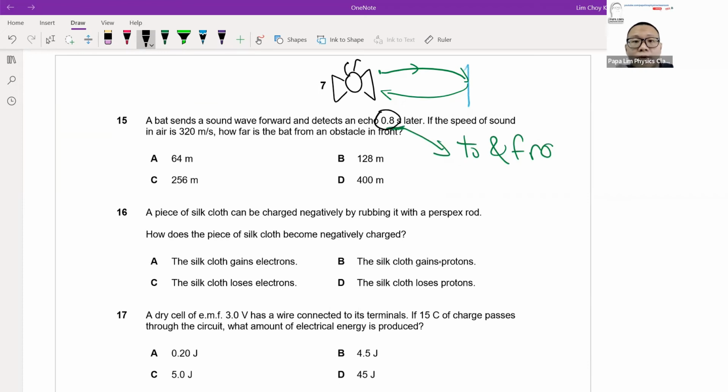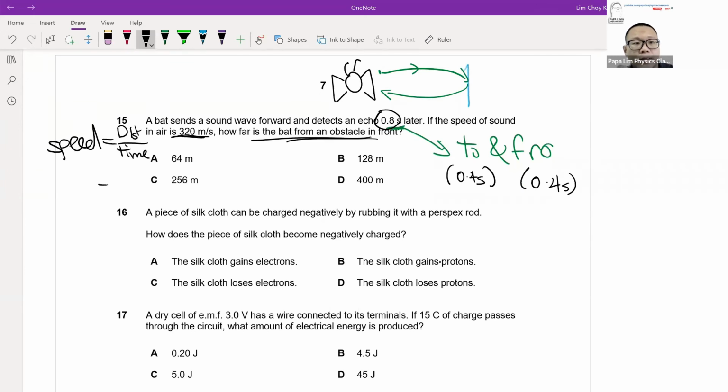So it'll be 0.8 second later, meaning for the sound to go to the obstacle, it will take 0.4 second. Come back, it will be another 0.4 second. So total will be 0.8 itself. For the speed, it is 320 meter per second. Speed is distance divided by time.